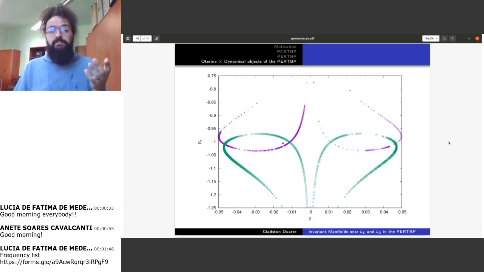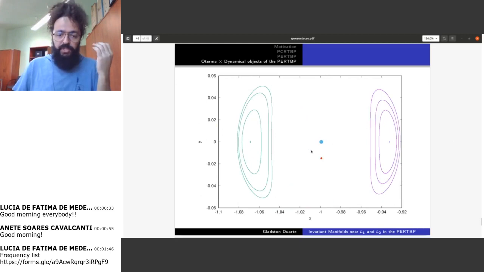And in fact, we can, because here is an intersection between 2 of the tori, one around L1 and the other around L2, and this red dot here is Oterma.